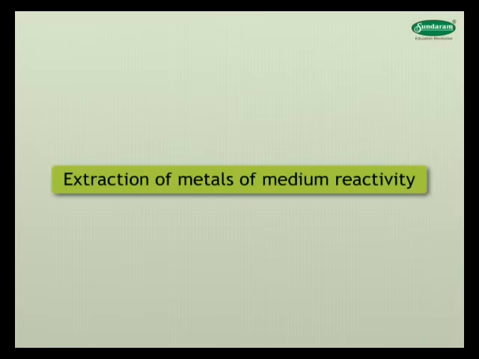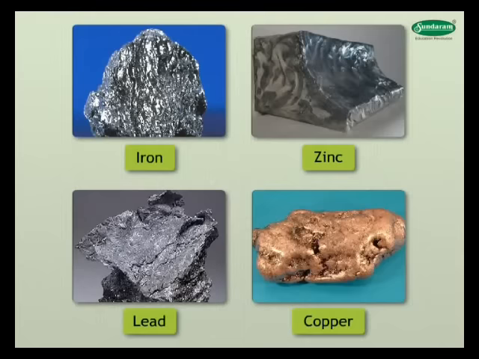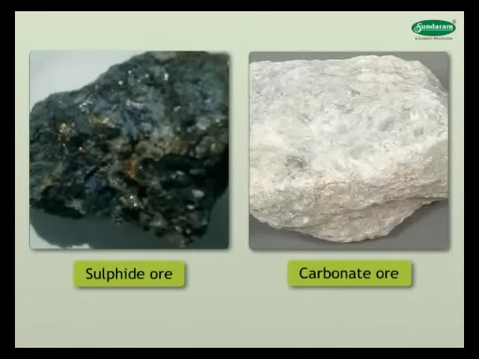Extraction of metals of medium reactivity. The metals in the middle of activity series, such as iron, zinc, lead, copper, etc., are moderately reactive. These are usually present as sulfides or carbonates in nature. It is easier to obtain a metal from its oxide as compared to its sulfides and carbonates.